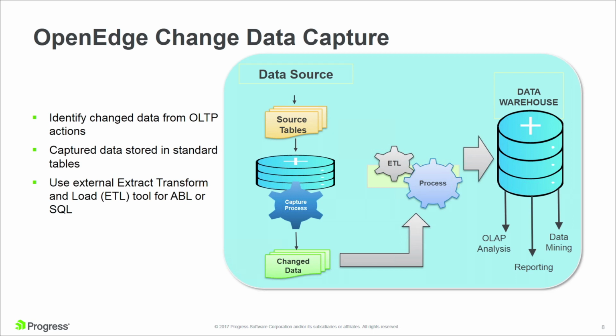As those changes occur, that data is written out to a change table. And then you would go use a third-party tool to be able to do the ETL, the extract, transform, and load, process that data, and load it into a data warehouse, or wherever else you need to be able to work with it.